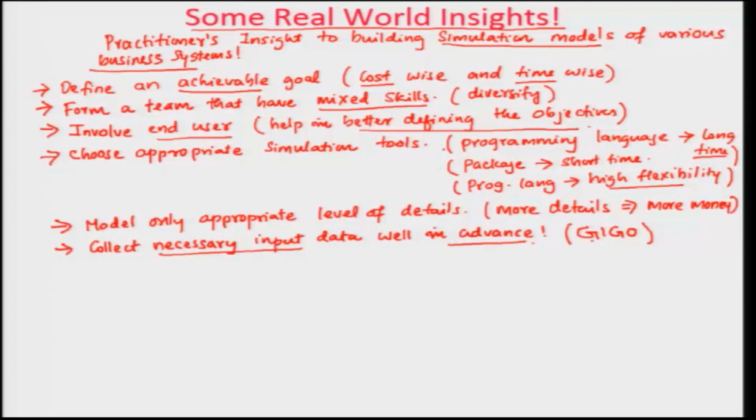If you collect garbage input data, then you get garbage output. Okay. This means garbage in, garbage out. So, start well in advance, and collect necessary input data to ensure that you have the right data that you are collecting for your output.